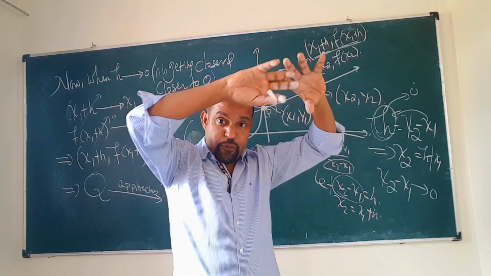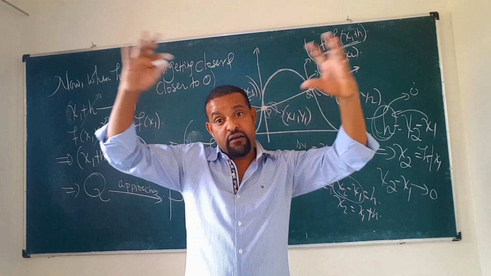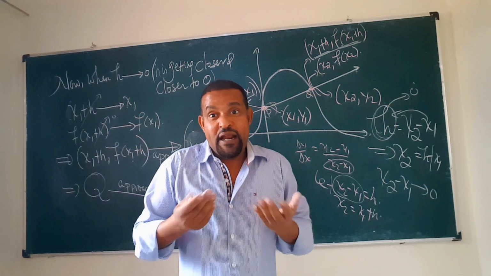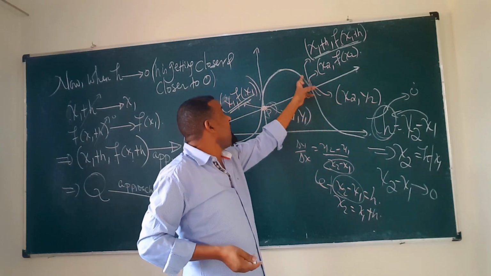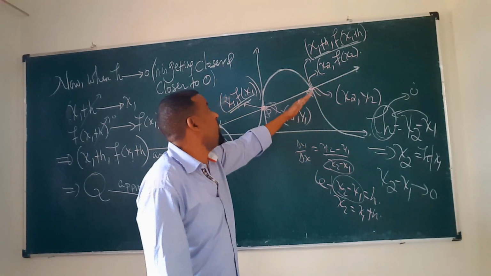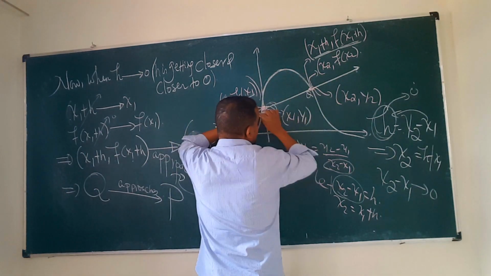So the point x1 plus h, f of x1 plus h approaches the point x1, f of x1. In other words, point Q keeps approaching point P.